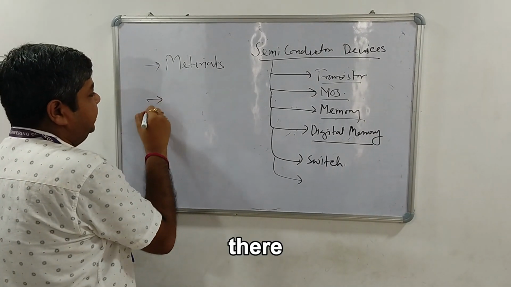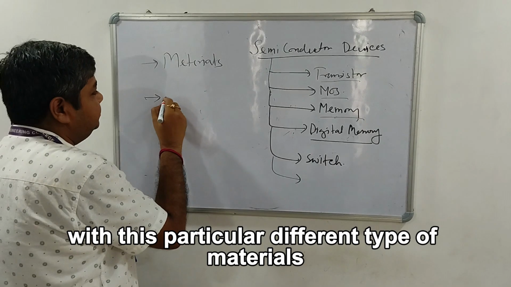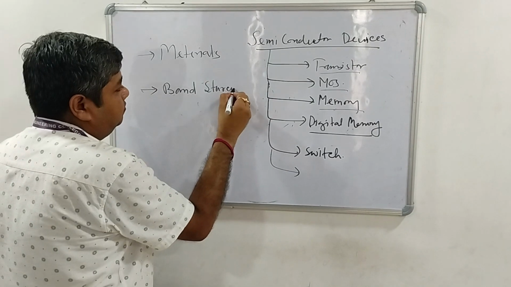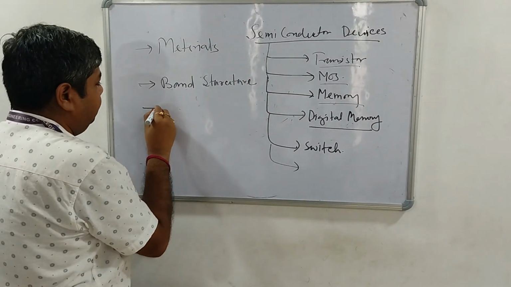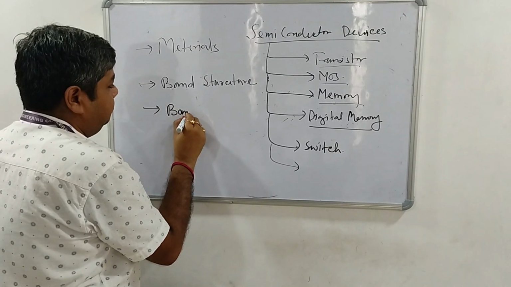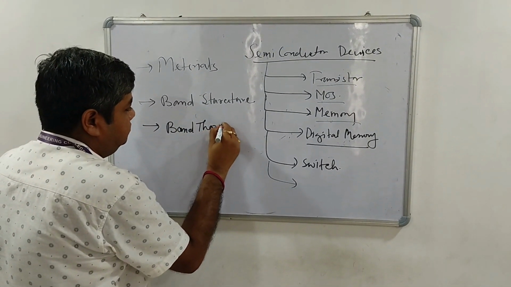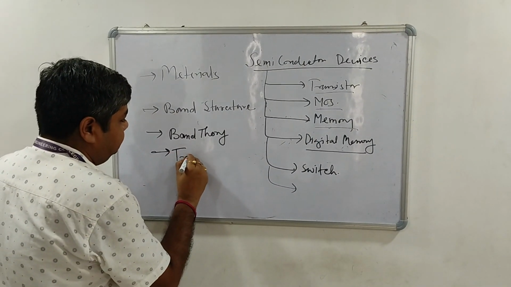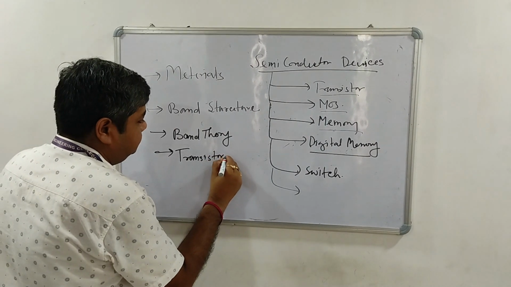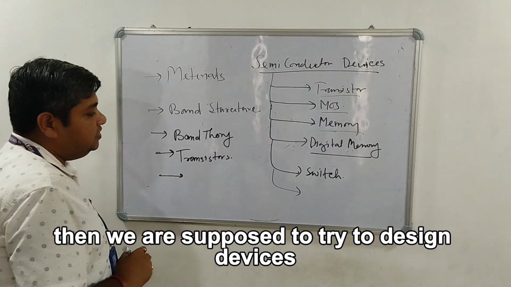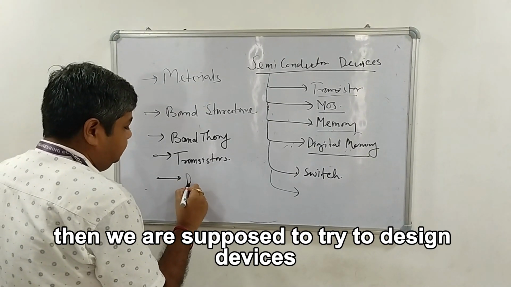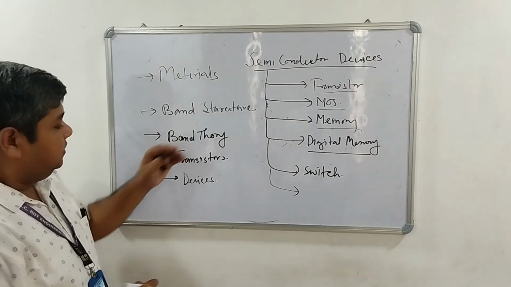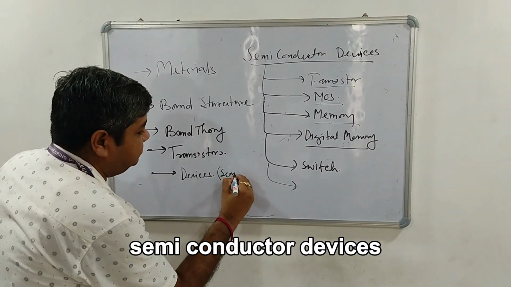then with these different types of materials, the band gap, band structure, band theory, then different types of MOS transistors, then we will try to design devices like semiconductor devices.